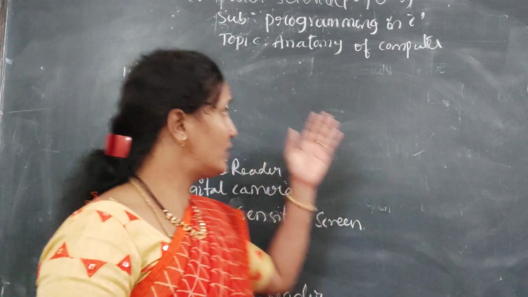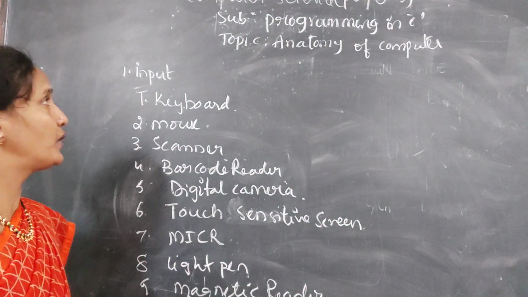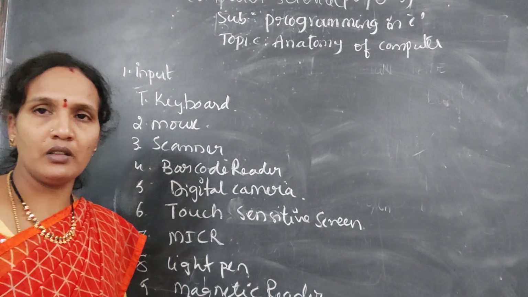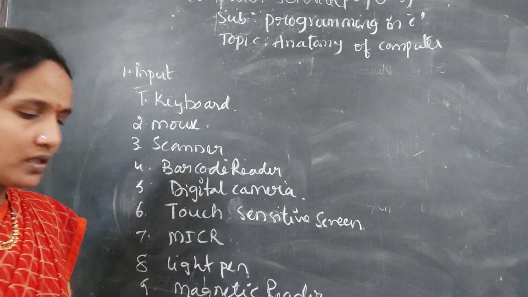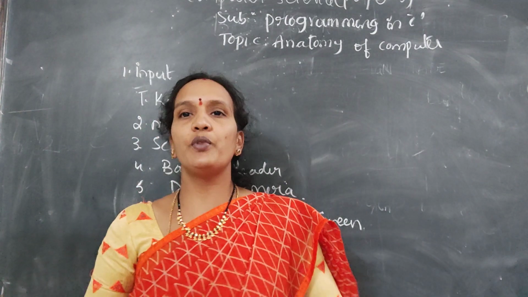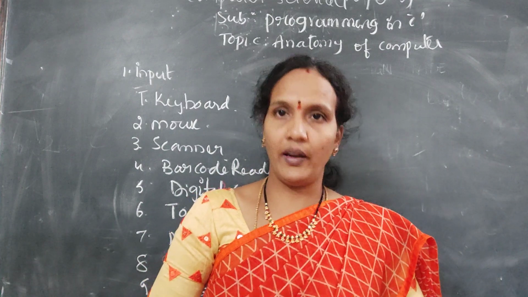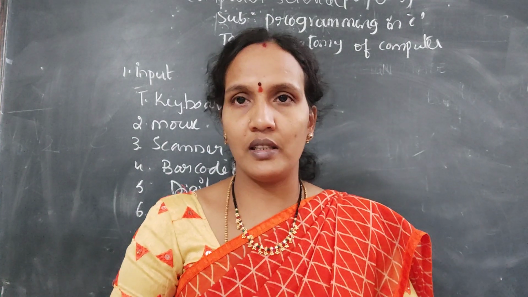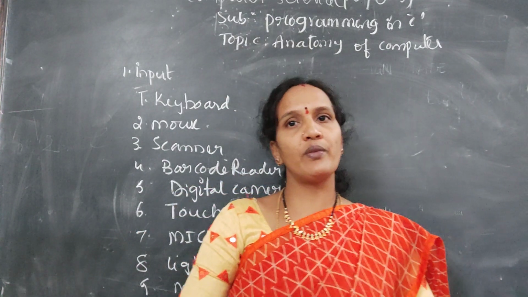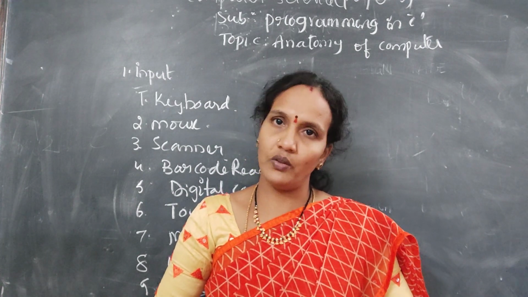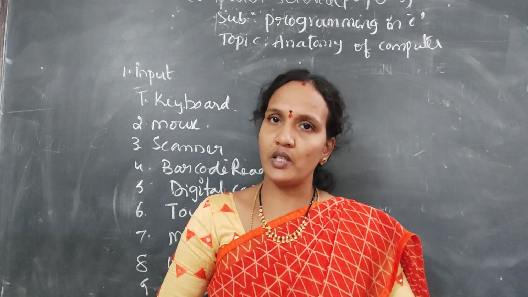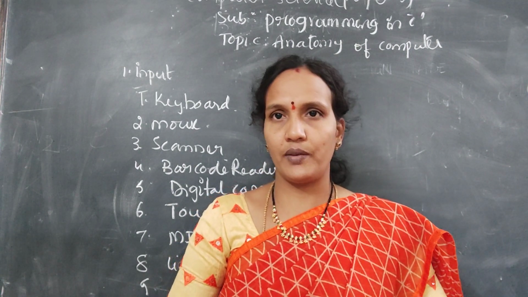These are the input devices. While I'm explaining, try to take running notes. What is the use of input devices? Input devices are used to give information to the system. Using input devices, the user can enter information into the system, and that information is stored inside the storage unit.